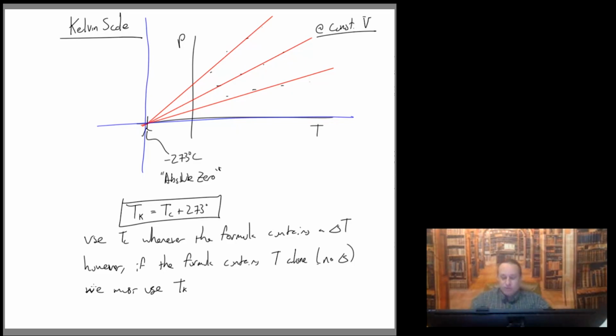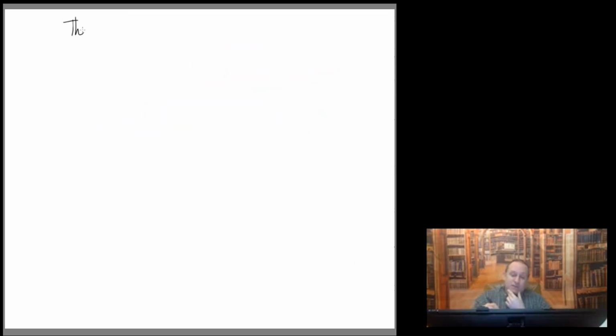Okay, so that's stuff you probably know, but let's learn a little bit more. The way we measure temperature historically is by thermal expansion. You heat up the mercury and it expands. You cool it down, it contracts. For thermal expansion, when we heat something up, there's a change in length.